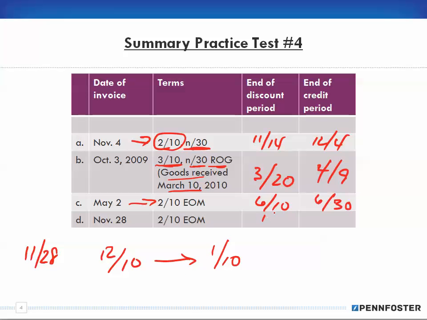So my discount period would end up being January 10th. And to determine the end of the credit period, it would be the end of that month, which would be January 30th.